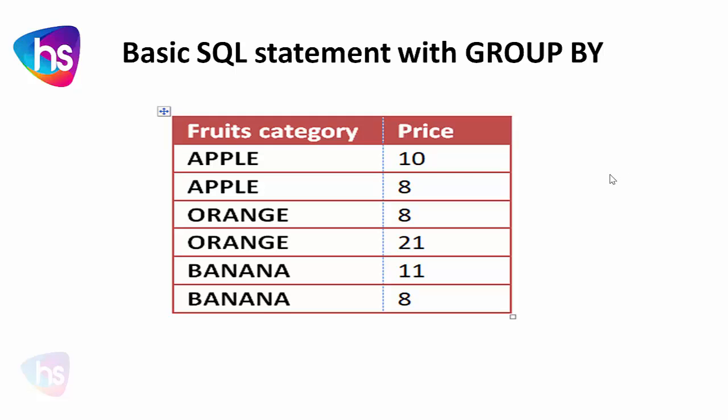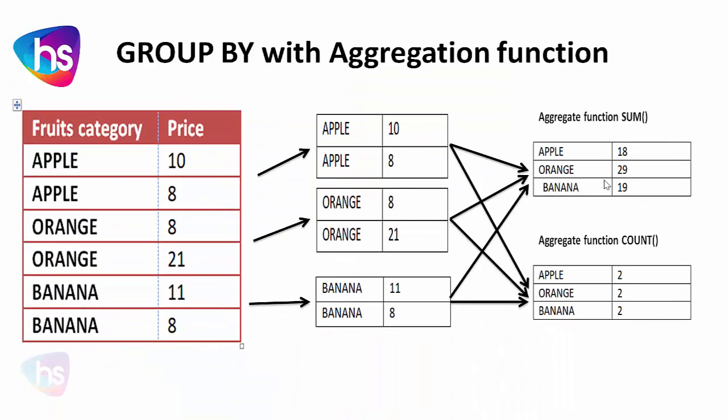Now we'll elaborate this example by applying the aggregation function with the group by statement in SQL. We see the fruits category and price in the left panel, and when I apply group by, this is how the records are grouped.